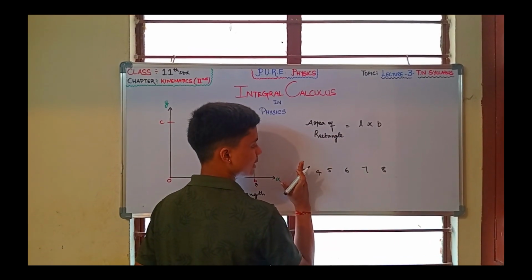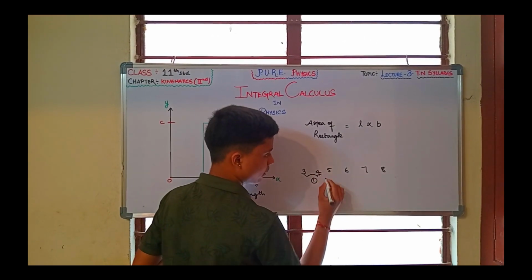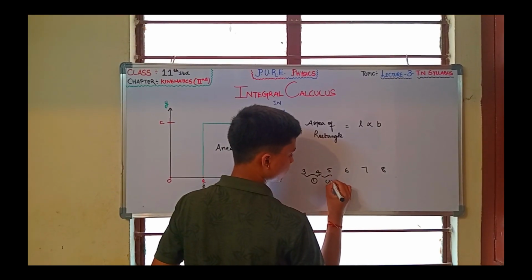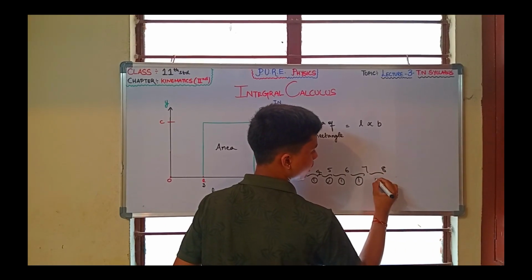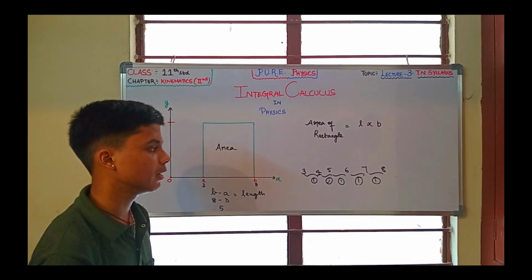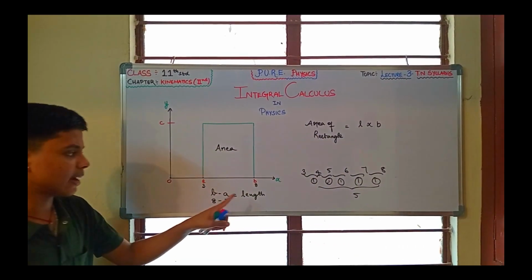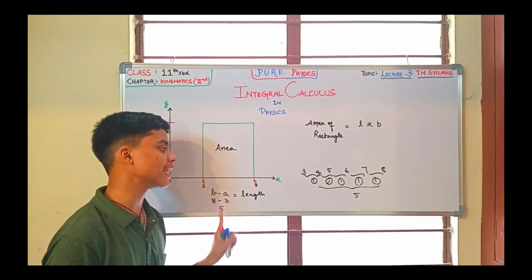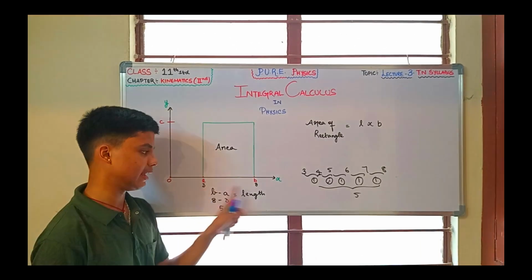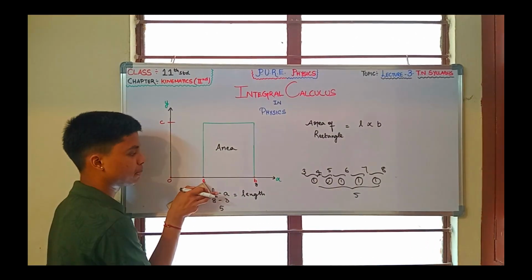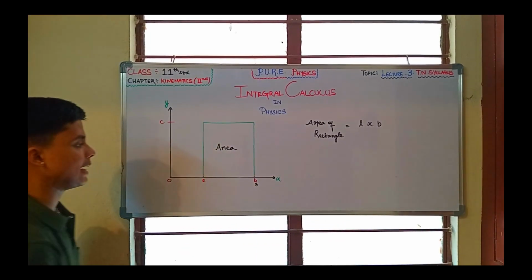The rectangle is between 3 and 8, right? So here it is 1 unit, here 1 unit, here 1 unit, here 1 unit, and here also 1 unit. When you add all these units, you will get the whole length of the rectangle, which is equal to 5. Therefore if I subtract 8 minus 3, I am getting 5. Therefore 5 is the length between point A and B, hypothetically speaking, if we give the values 3 and 8. So it proves that I can get the length by subtracting the values at B and A.